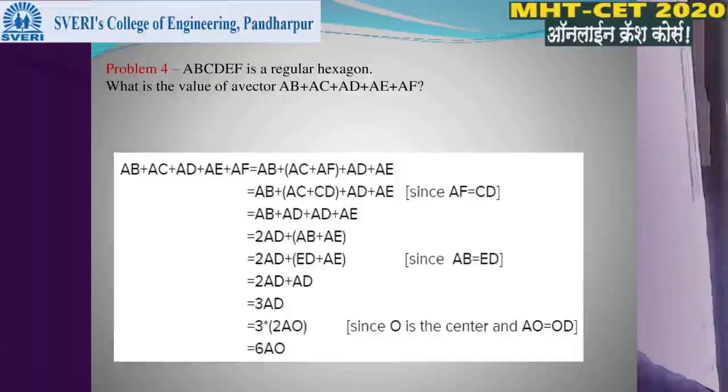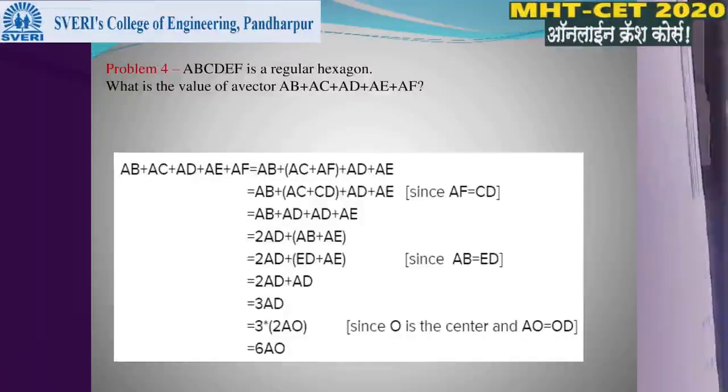Here the addition gives 2AD plus AB plus AE, again equal to 2AD plus ED plus AE, equal to 2AD plus AD, equal to 3AD. Means 3AD is 3 into 2AO, since O is the center and AO is equal to OD, so it is equal to 6AO. So the value of the vector AB plus AC plus AD plus AE plus AF is equal to 6AO.